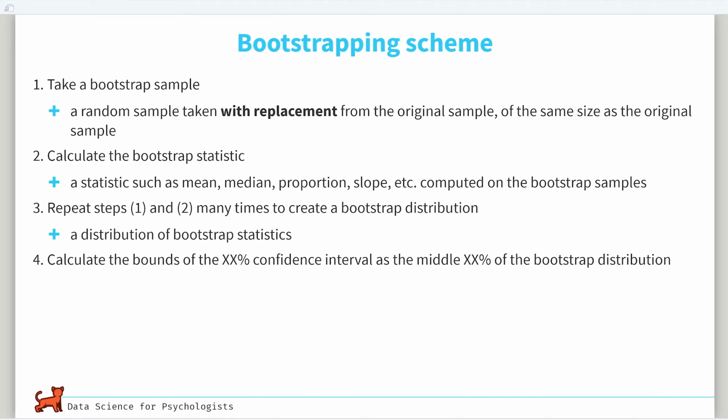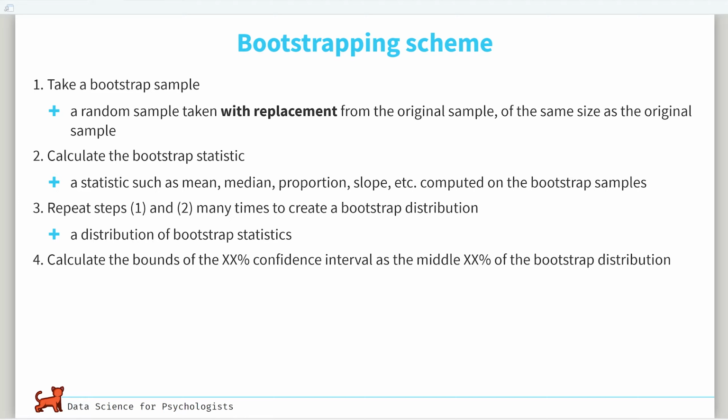So just to remind you what bootstrapping is, effectively, we're going to take a bootstrap. I realize it's circular. Effectively, it's a random sample taken with replacement from our original sample of the same size as the original. So it's not like it's making new data or we're going back to the population.